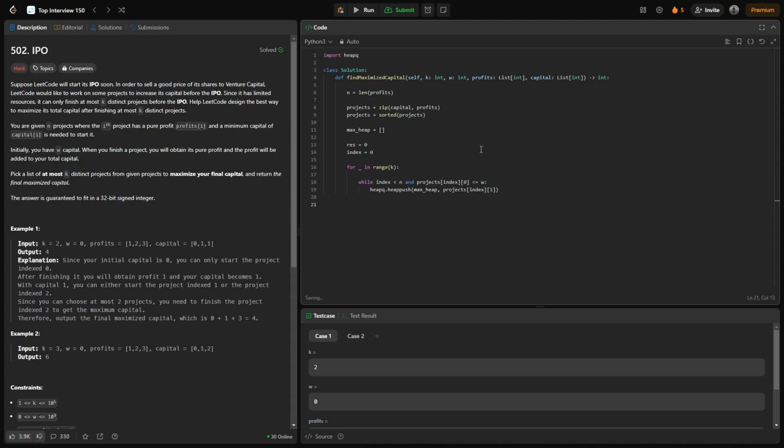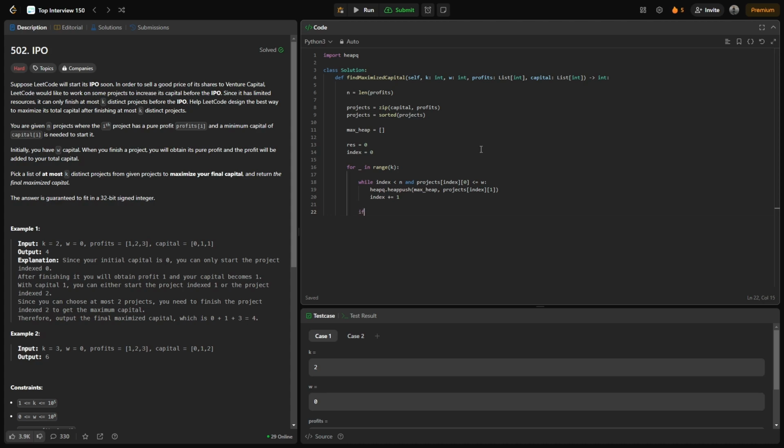And I also need to increment the pointer, the current index, so index plus equal to 1. In case my max heap is not correct, meaning it's an empty max heap, then we cannot pop out. So I have to break the loop.